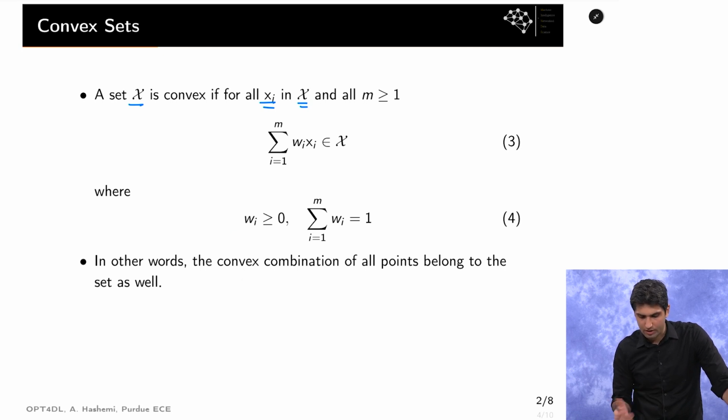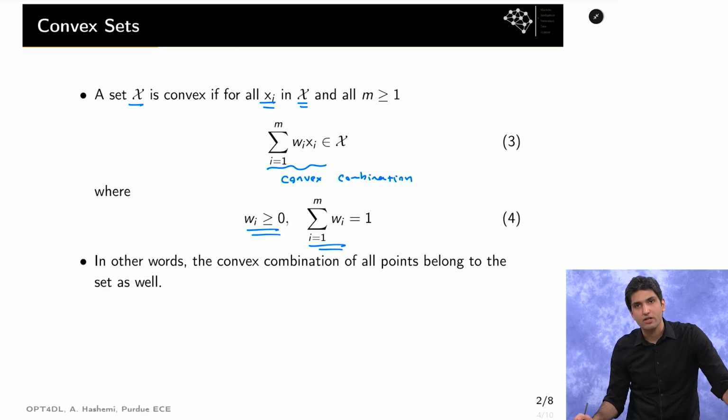It means that I define a set of weights, Wi's, that are non-negative and sum to 1. Then the convex combination of the xi's is this weighted combination that I have here.